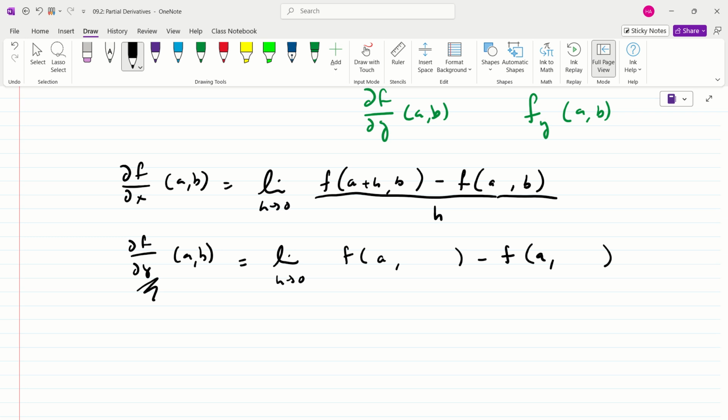For the y values, those are the ones that are changing. So this is going to be b plus h, and b for this one. That gives you the difference of the z values on the numerator, and on the bottom, the difference of the y values, and the difference of those two is simply h. So this is how we're defining the partial derivatives of a function of two variables.